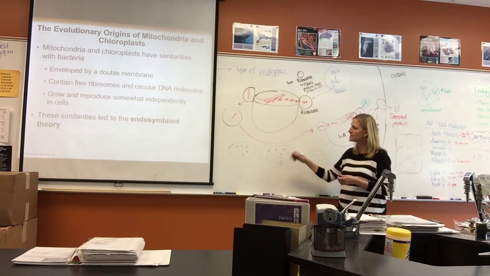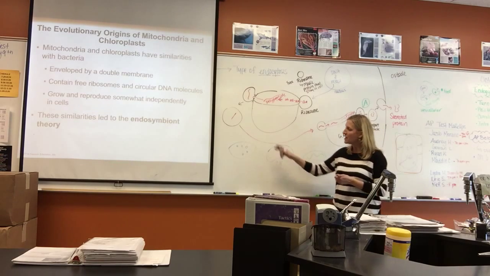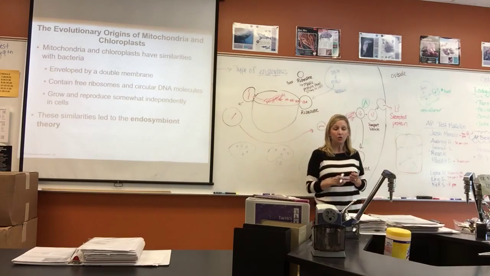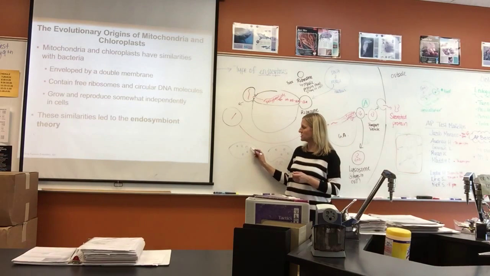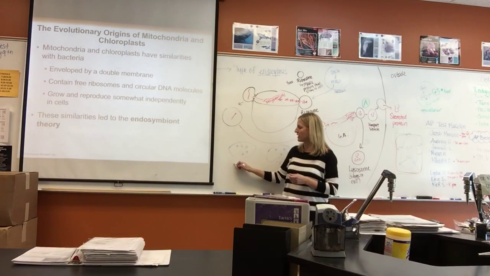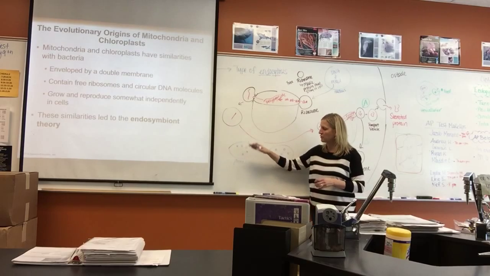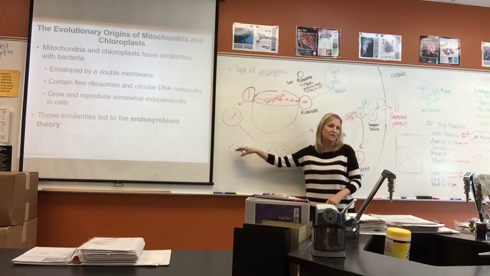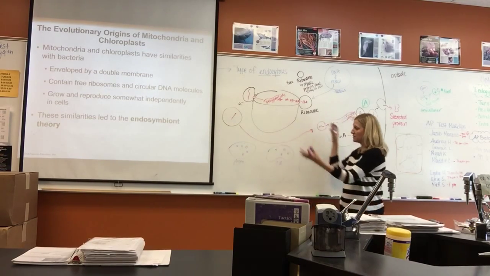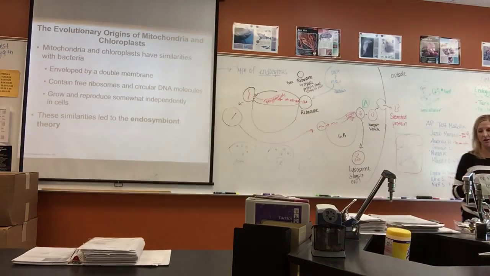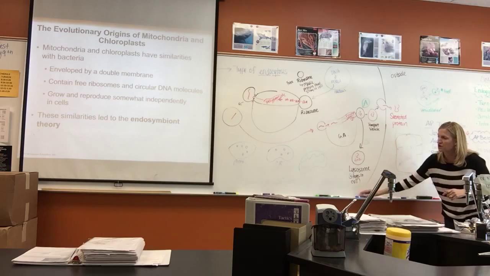It makes its own enzymes and proteins to do its job. Chloroplasts do the same thing. The genes inside the chloroplast have instructions to make the proteins used in photosynthesis. So they can make their own proteins, and they don't need the cell to make their proteins to do photosynthesis. The mitochondria don't need the cell to make the proteins for cellular respiration.